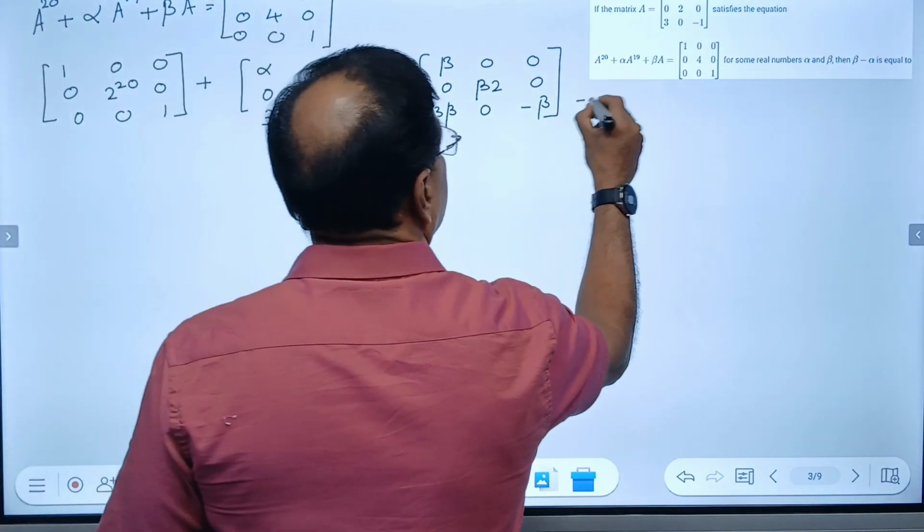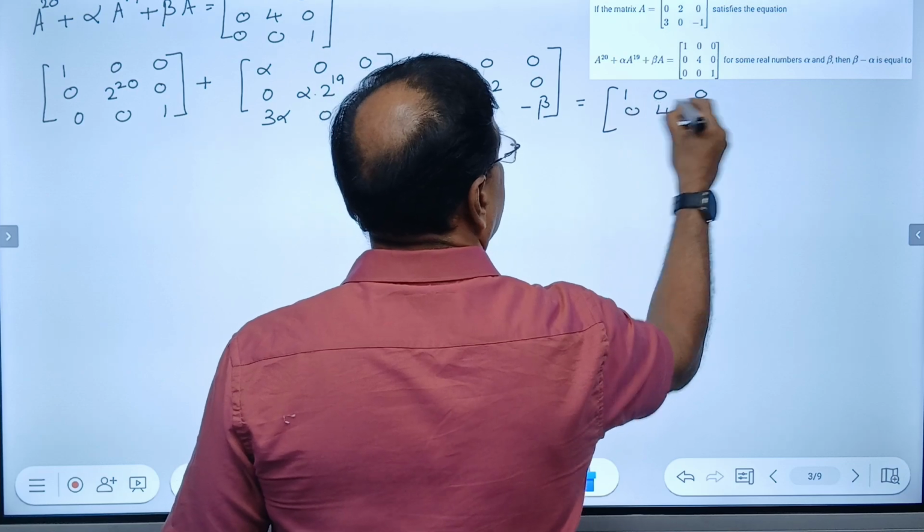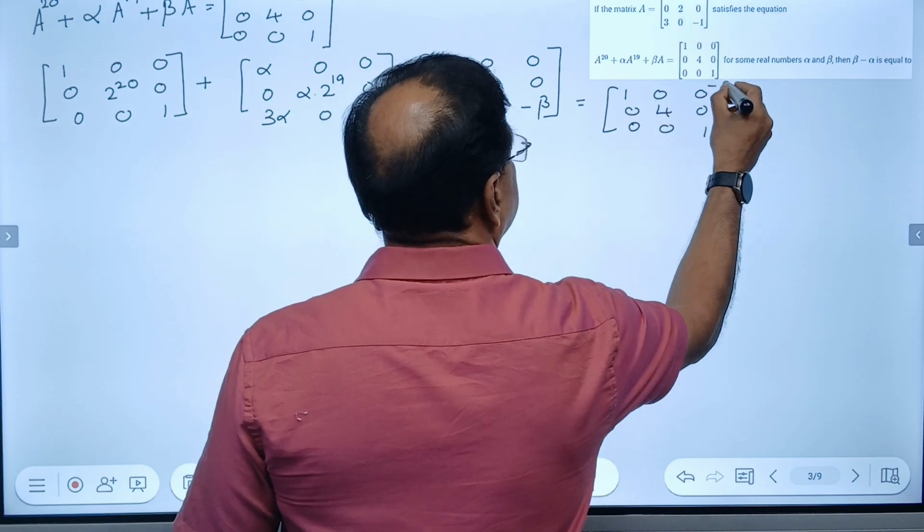And this is equal to [1 0 0; 0 4 0; 0 0 1].